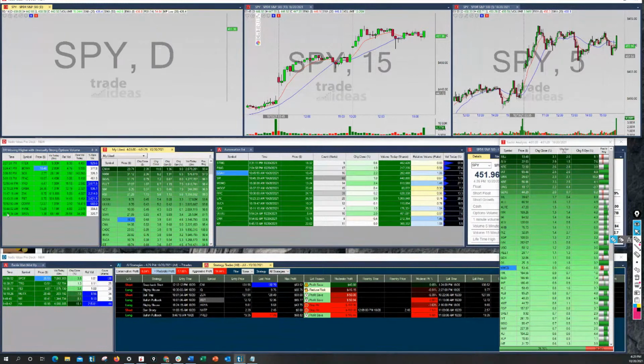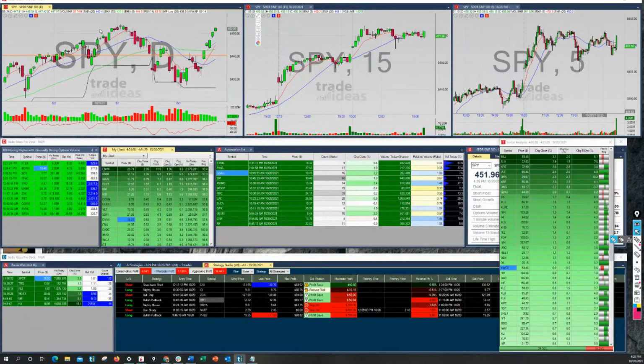VWAP 5, as my machine is mightily struggling here because I have the web version. Oh no, I have the web version open, so I can't get a chart here. Haha, reset connection, Chris. There we go. And there's your VWAP, your anchored VWAP from here.